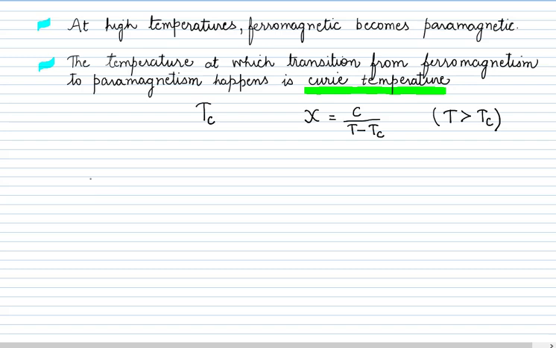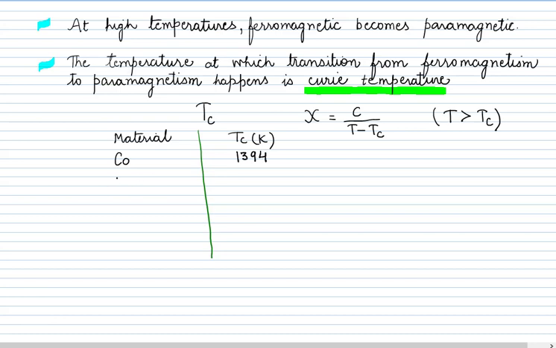I can give you a few examples. For example, if you take the material cobalt, denoted with Co, here we can take some materials and their corresponding Curie temperature. This temperature is in Kelvin. For cobalt, the temperature is 1394 Kelvin.